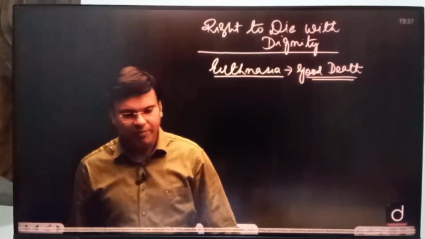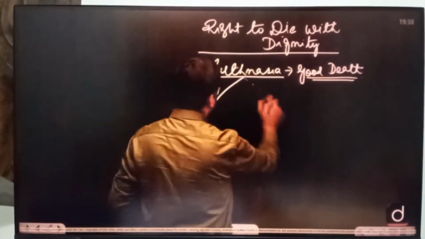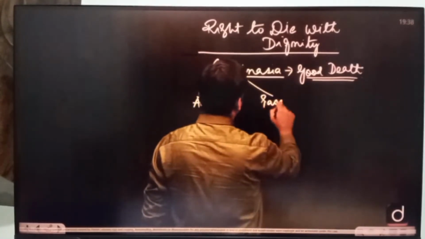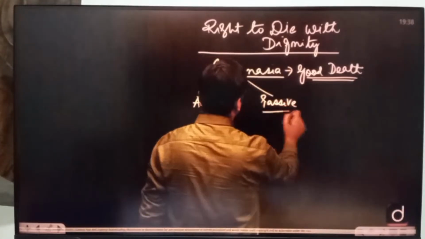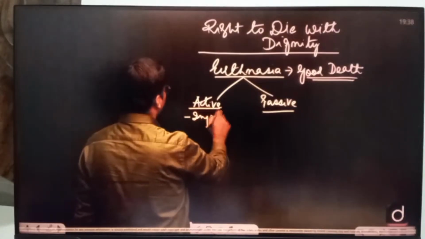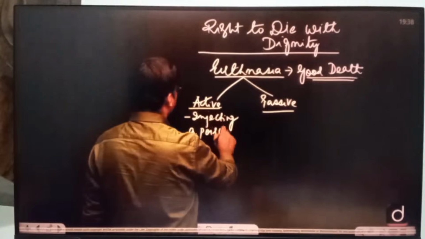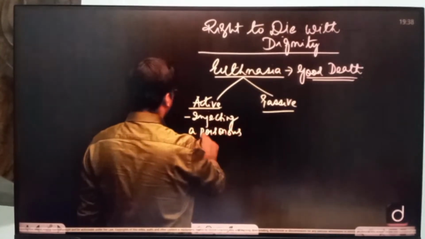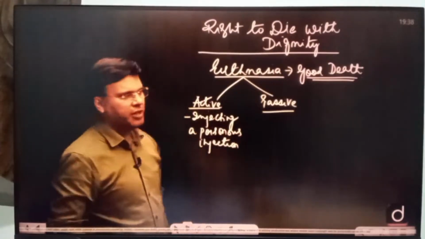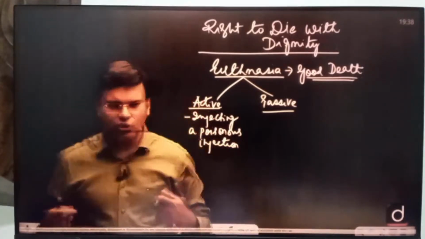So what will happen? अब यूथनासिया दो तरह के हो सकते हैं, एक एक्टिव हो सकता है, दूसरा पैसिव हो सकता है ना. एक्टिव का एग्जांपल ये है, जैसे we are injecting a poisonous injection, है ना. किसी व्यक्ति में हमने उसको इंजेक्ट किया and the person is injected with a poison. So what will happen?